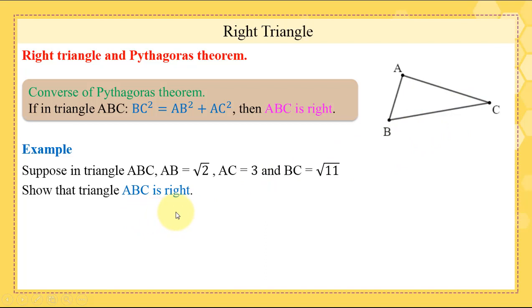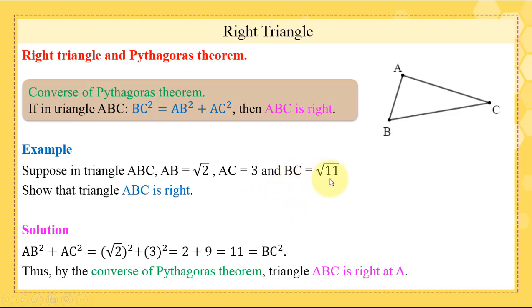To show that the triangle ABC is right, we find BC squared, which is radical 11 squared, equal to 11. We start with the longest side and square it. Then we find AB squared plus AC squared is equal to 2 plus 9, which is also equal to 11, so it is equal to BC squared. So by converse of Pythagoras theorem, triangle ABC is right at A.